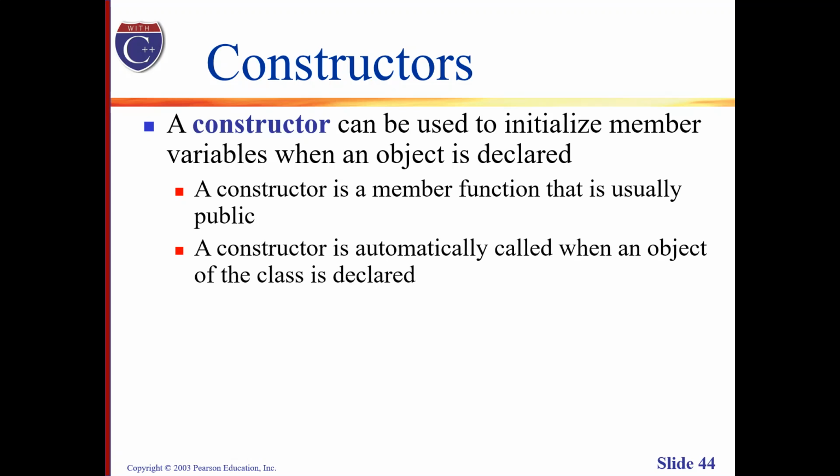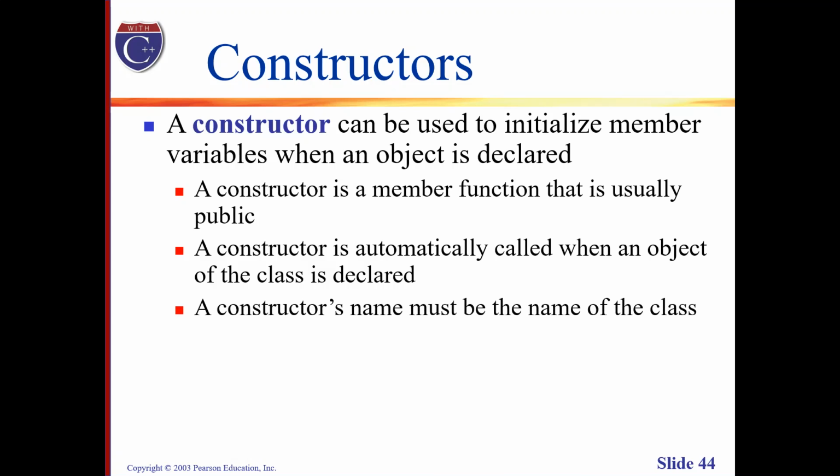It is automatically called when an object of the class is declared, which means whenever you declare an instance of the class, which is an object, the constructor function is automatically called. And of course, a constructor's name must be the name of the class, and it does not return a value.